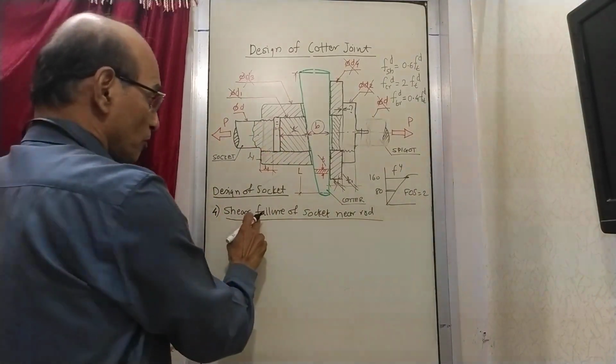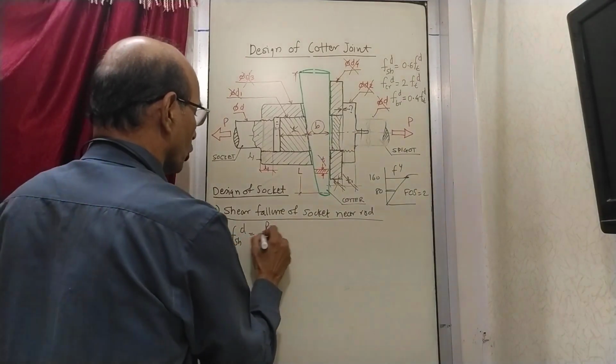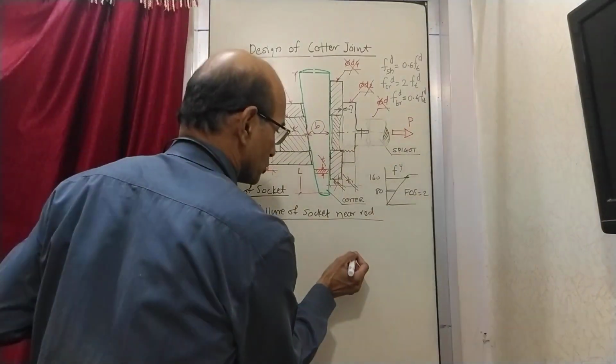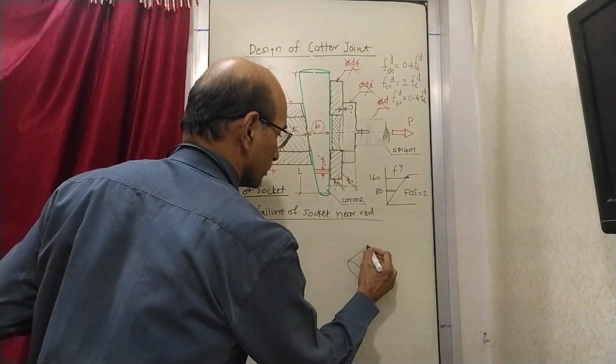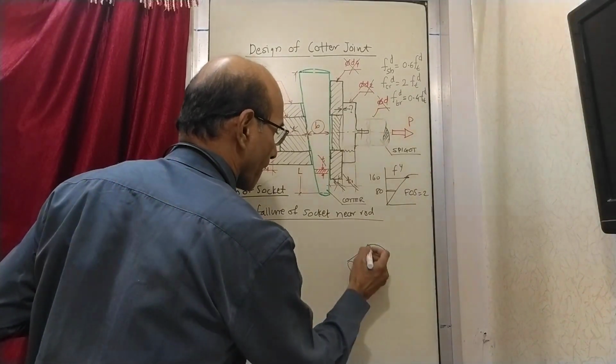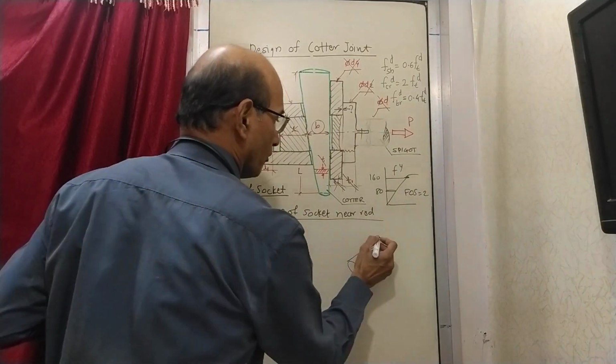So near the rod end, this is the socket, it is going to fail from here by shear. So we say here F shear design is equal to load upon area, and this area I'll just show how it will look after it fails. Something like this it will look. Say this is the part which has come out from this place.